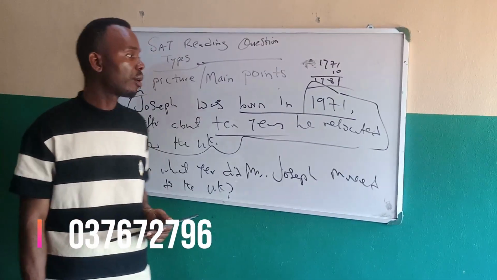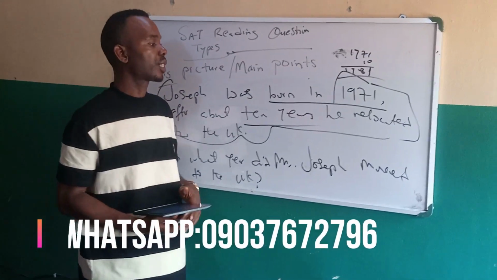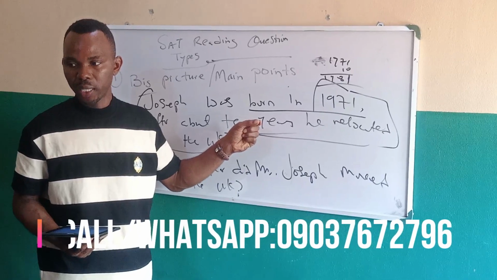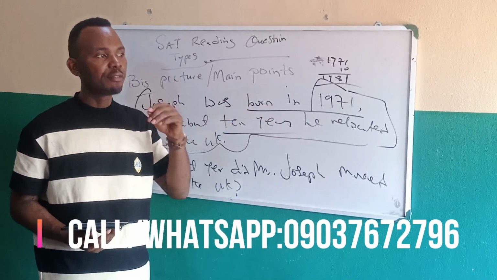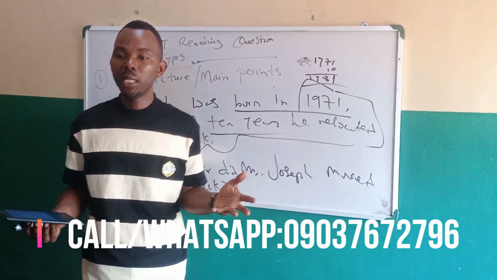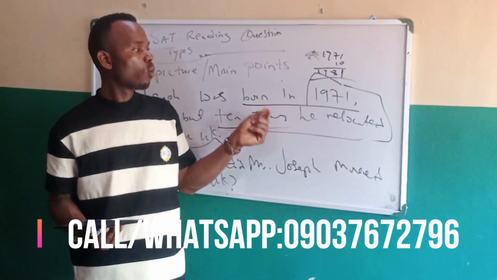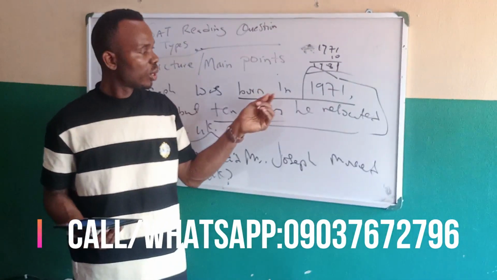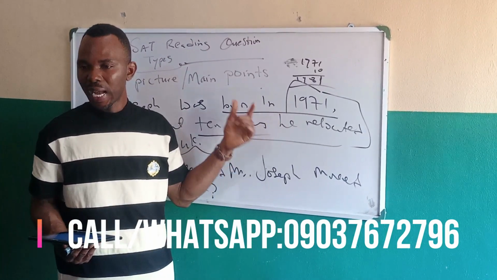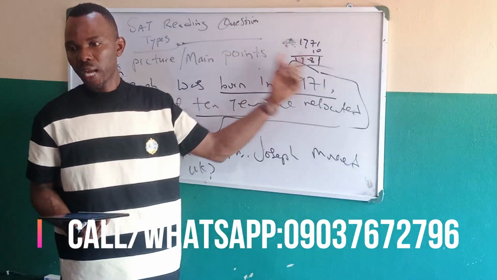Now, why it is called vocabulary in context is that you don't just take the meaning of such a word in isolation, because every word you see can have maybe 5 to 7 different meanings, like 5 to 7 different ways you can use it, right? Now, when they say in context, you need to look at where that word was used and then try to find out which of the options can replace it.